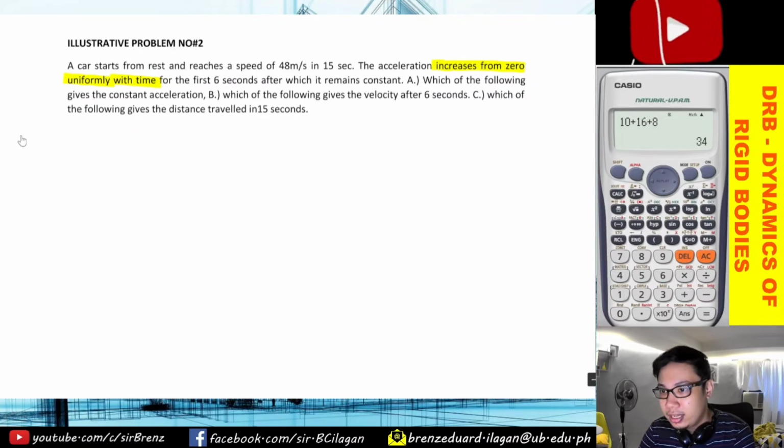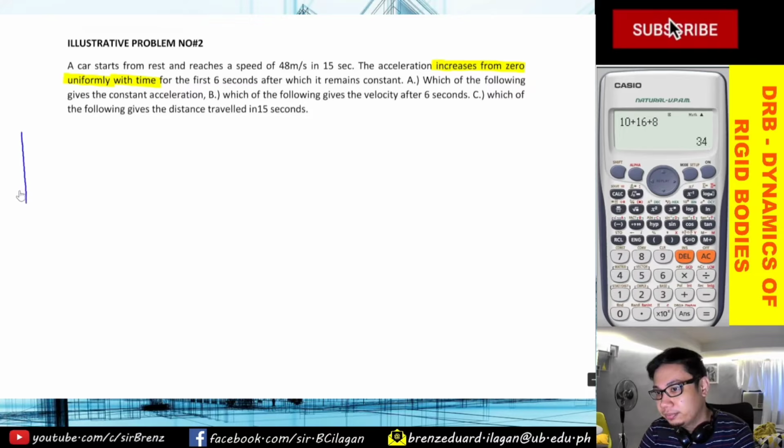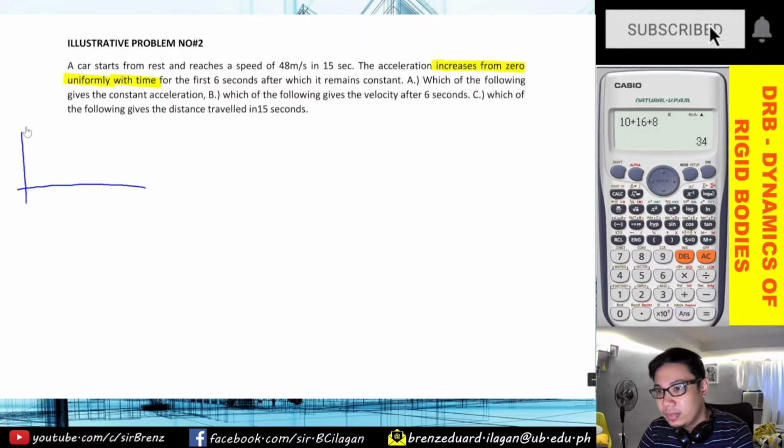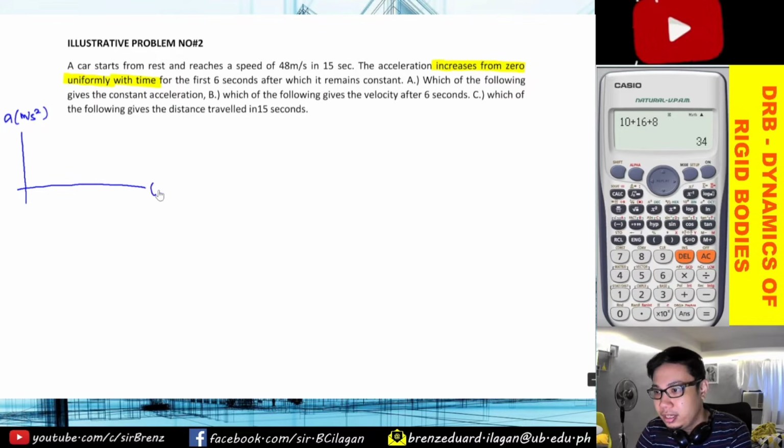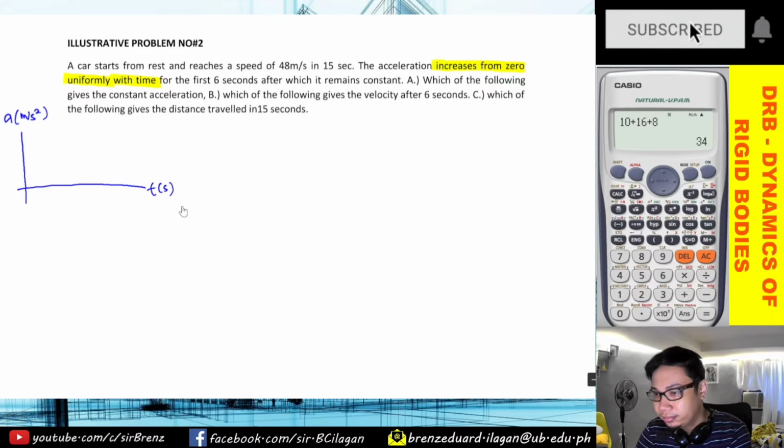Okay, so again, gawa ka muna ulit ng X and Y. Ayan, so we will denote this as our acceleration diagram. Again, its unit is in meter per second squared. And yung X will be the time T, which is in seconds. Okay, so i-plot mo yan again.